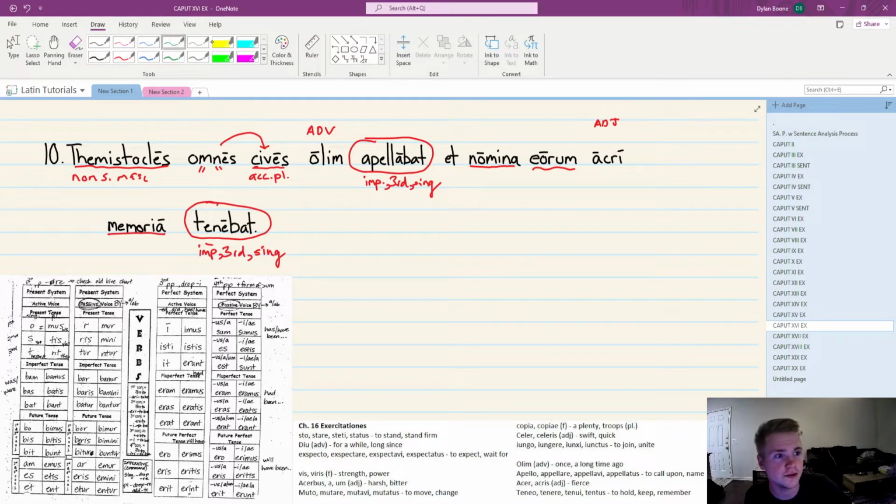So we can go ahead and do this left side here. What was he doing? Well, it's imperfect, so he was.